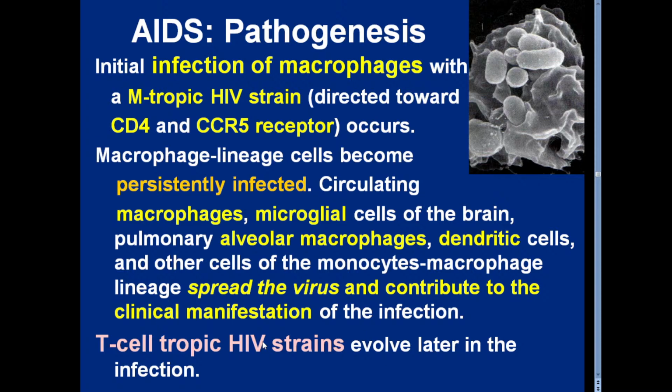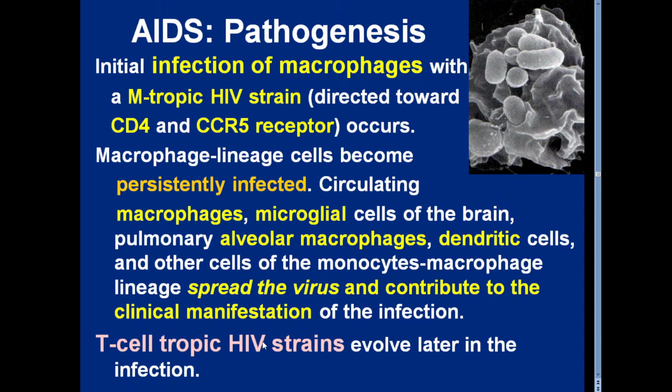That's why the initial infection of macrophages with M-tropic HIV strains, by interaction with CD4 and CCR5 receptors, makes macrophage lineage cells persistently infected.